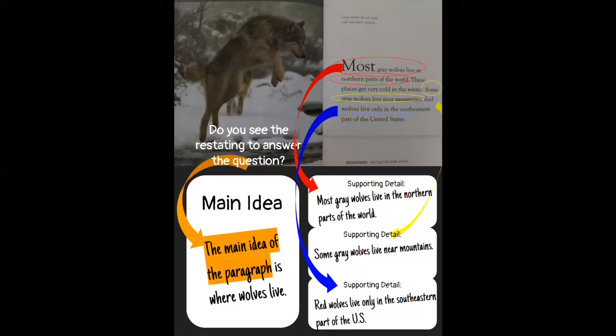Again, it's pointing to where wolves live. And finally, red wolves live only in the southeastern part of the US. Again, all three of those details come underneath the main idea and point directly to what this paragraph is about. So the supporting details point always to the main idea.